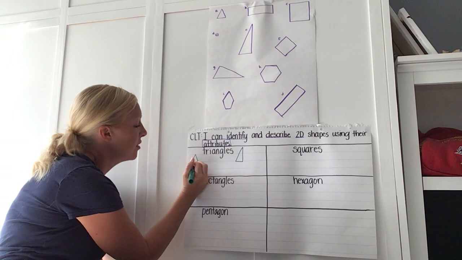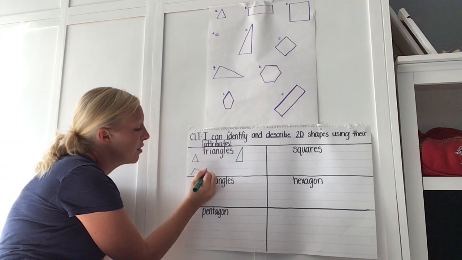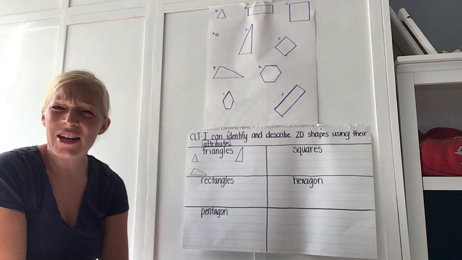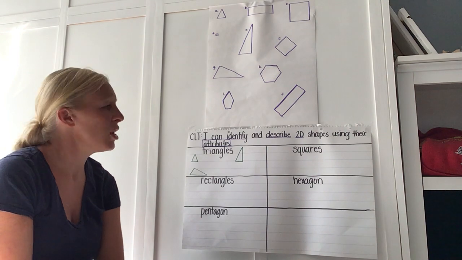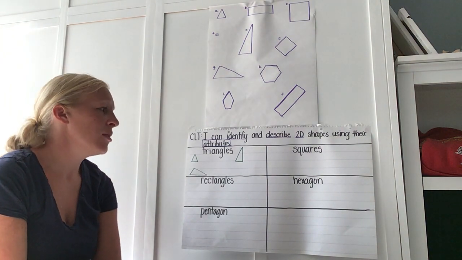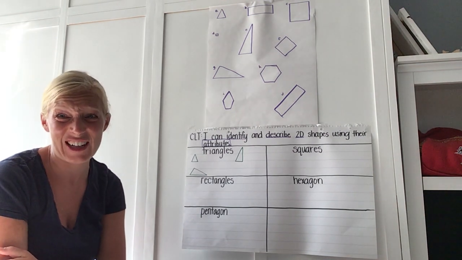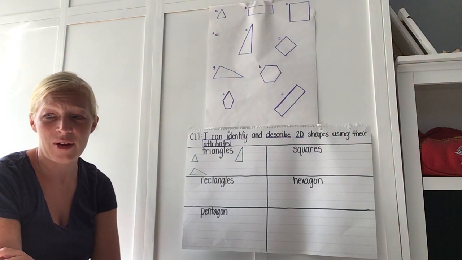G, are there any more triangles up there? How do we know that those are triangles? Put a thumb in front of your tummy when you have an idea of what makes those triangles, because they all look a little different to me. What do you notice about those triangles?